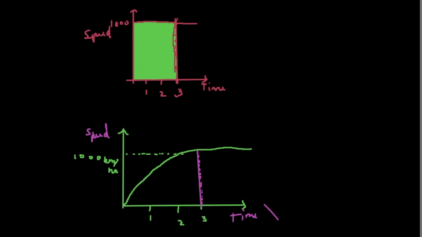But this is not a regular shape, it's an irregular shape. So the area will be the pink portion right here, which will be the distance the plane traveled in the 3-hour interval. But this is not a regular area, so we can't apply the rules of geometry to find the area of the shaded portion.